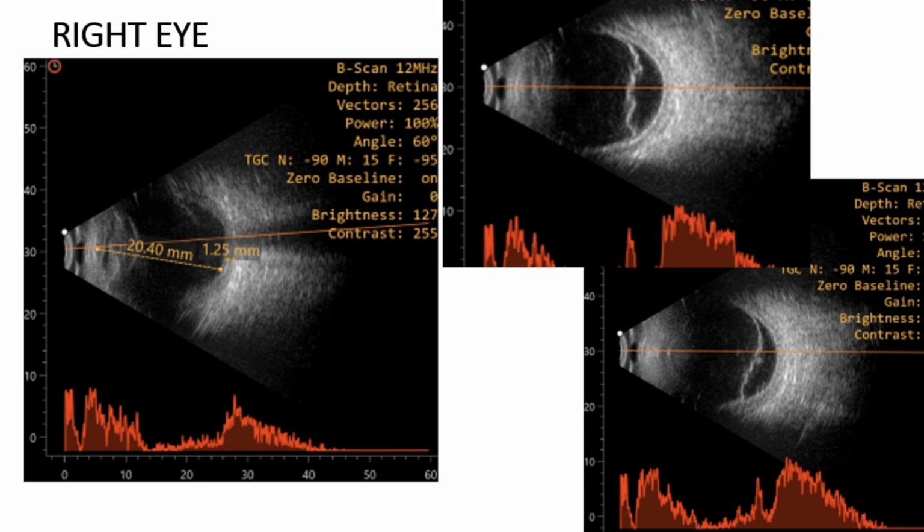Ma'am, it's an ultrasound image of the right eye, which shows definite lens echoes, and in the right side image, there's a hyperechoic membrane with a spike on A scan, possibly a localized retinal detachment, but it is not attaching to the optic nerve, so we cannot say exactly just based on the reflectivity and spike.